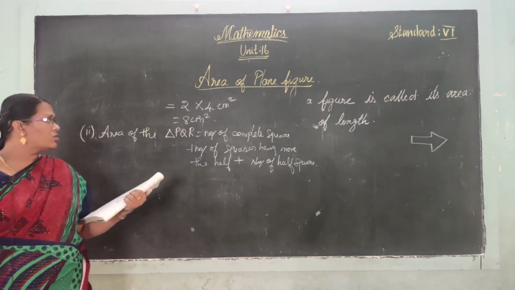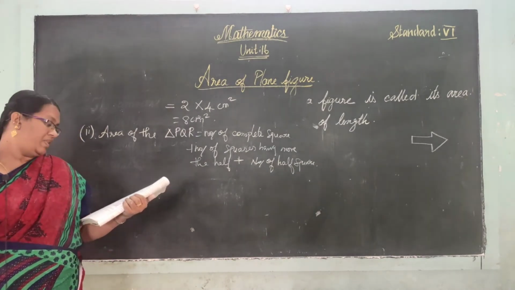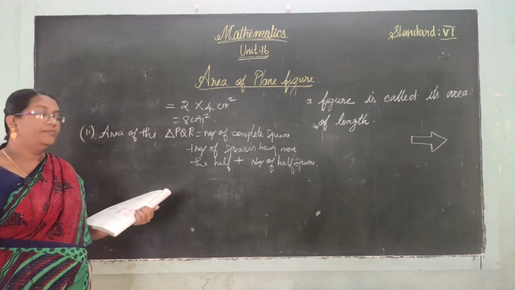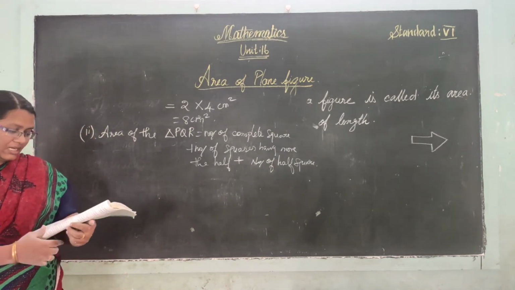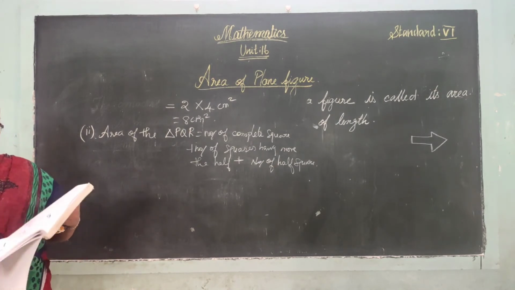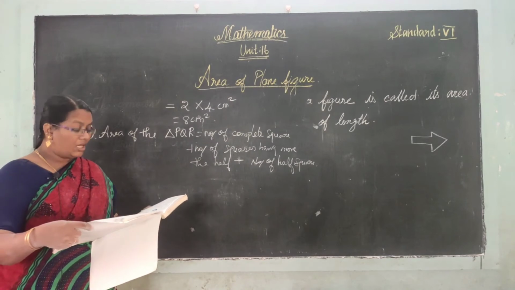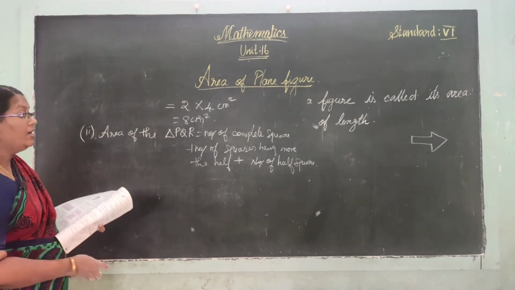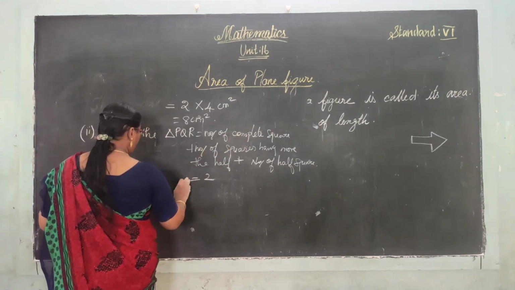Number of the complete squares, which are the numbers 2 and 3 only. Other numbers are more than half. Anybody is exactly half? No, is it? Okay, so which are the numbers fully complete? 2 numbers, 2 and 4. So number of complete squares is 2.